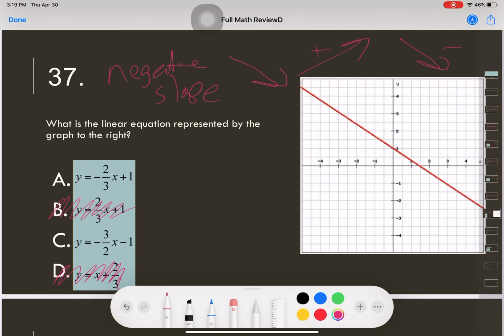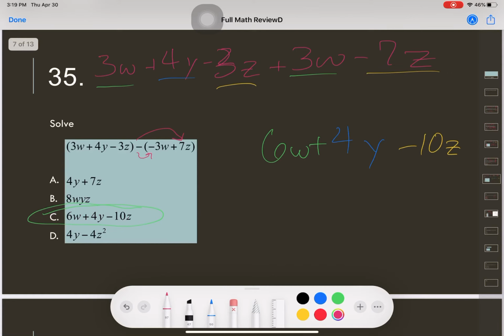Remember, our slope is rise over run. So we pick out 2 points that we can find. Here's a point right here at 0, 1. And another point is right here at 3, negative 1.